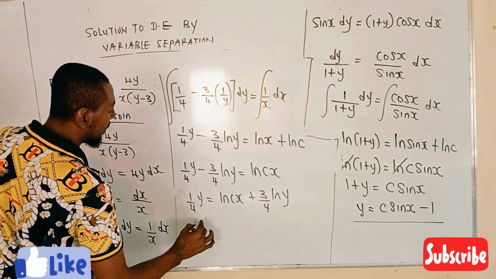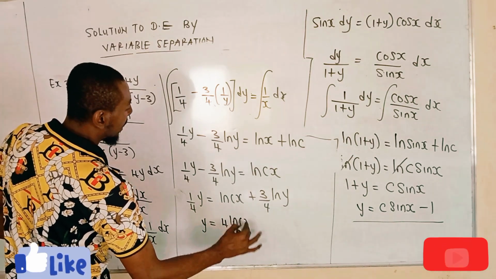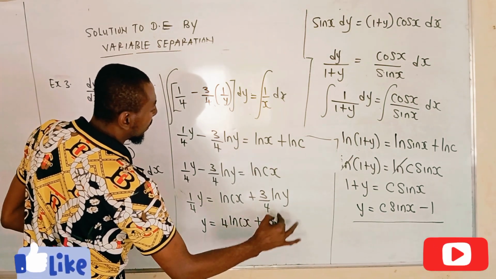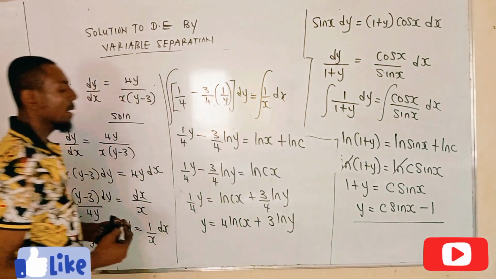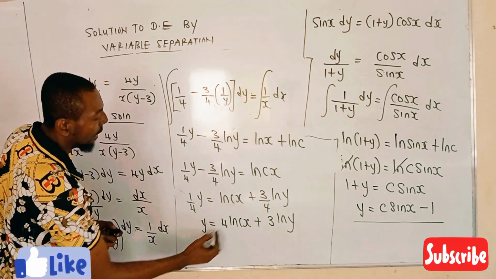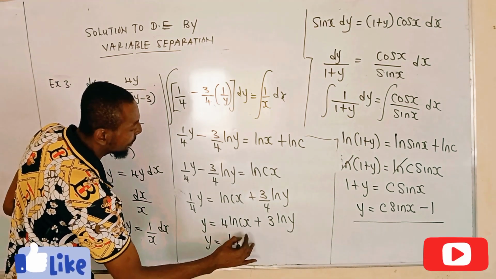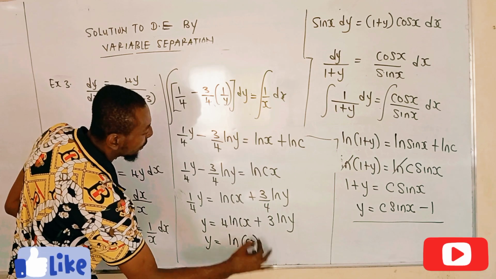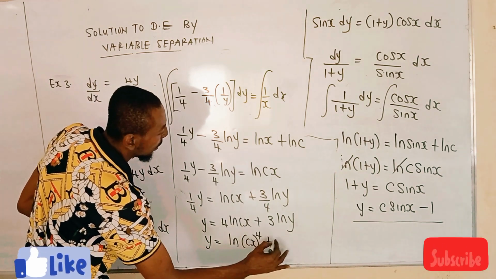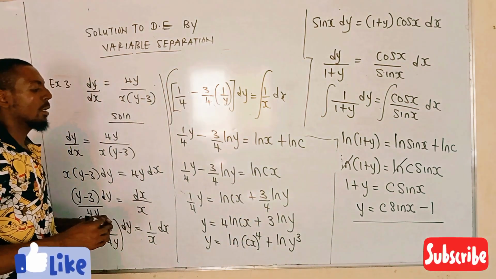Multiplying through by 4, y is equal to 4 ln cx plus 3 ln y. So I can take 4 up according to the law of logarithm, so that we have ln of cx raised to the power 4 plus ln of y raised to the power 3.